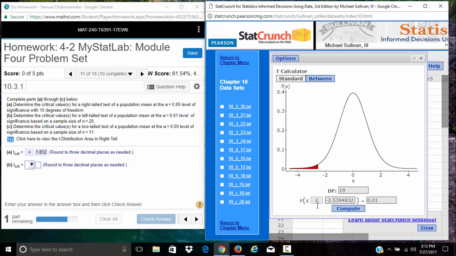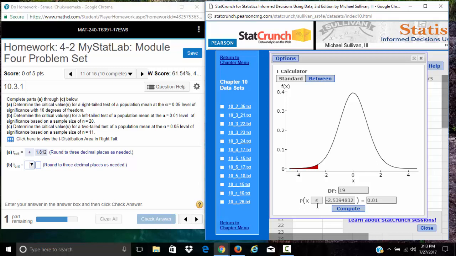So when you have the sample size and only one parameter, in this case the population mean, then degrees of freedom is n minus 1, the sample size minus 1. If you're given the sample size, not the degrees of freedom, and you have to use StatCrunch, look at how many parameters are being tested.